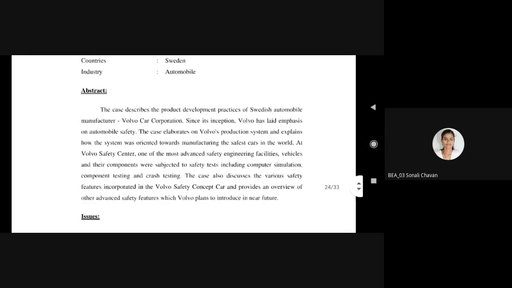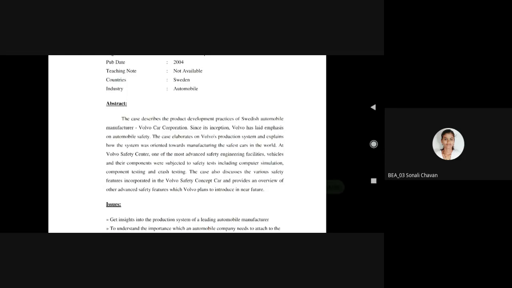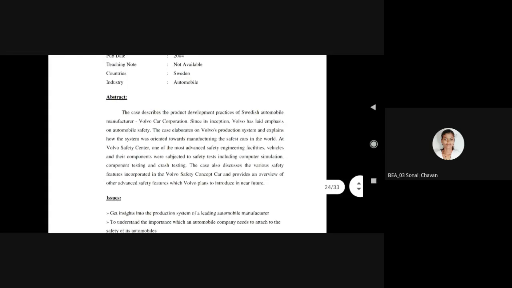Now what basic information will be expected in a market survey? The case describes the product development practice of the Swedish automobile manufacturer Volvo Car Corporation since its inception. So basic information, or we can say the history of that particular Volvo safety concept car, and provides an overview of other advanced safety features, the advantages and features of that Volvo car.